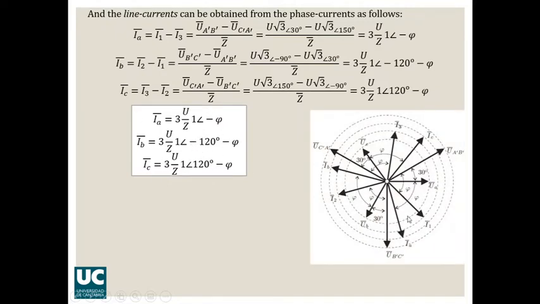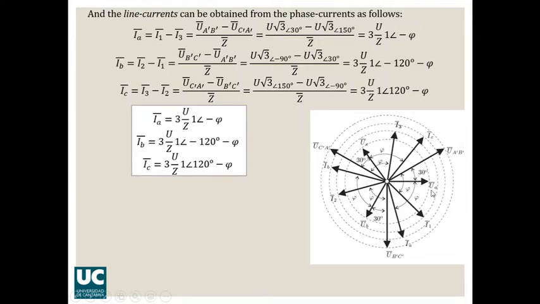So here you have a complete phasor representation for the delta connected system, where you can see that the angle between the phase voltage and the line current is phi. Phase voltage and line current are shifted with an angle equal to phi. You can see that the phase voltage and the line voltage are shifted with an angle of 30 degrees.